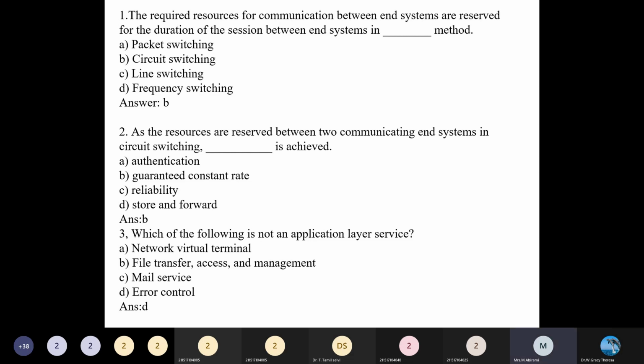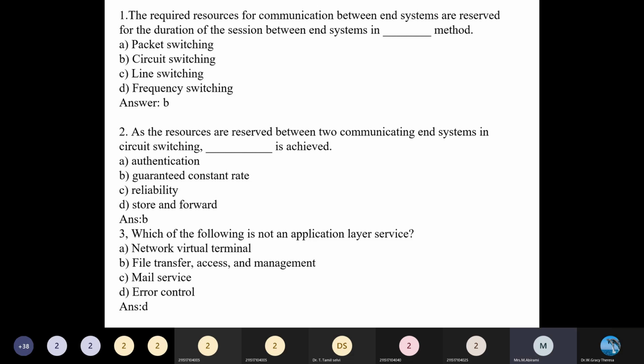The second question: as the resources are reserved between two communicating end systems in circuit switching, what is achieved? Authentication, guaranteed constant rate, reliability, store and forward. So here the guaranteed constant rate, isn't it?